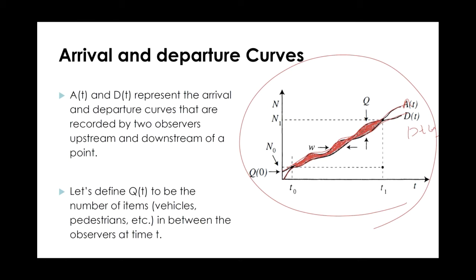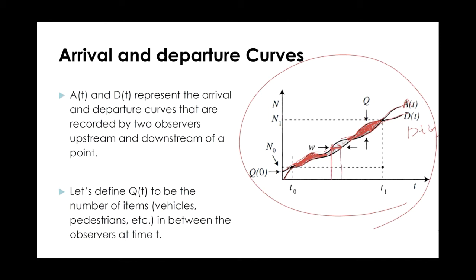If A(t) represents the arrival curve and D(t) represents the departure curve, for the area between these two curves, let's first find out what is the unit of that area. Let's step back and think about the horizontal distance. What is the horizontal distance between the arrival curve and the departure curve?